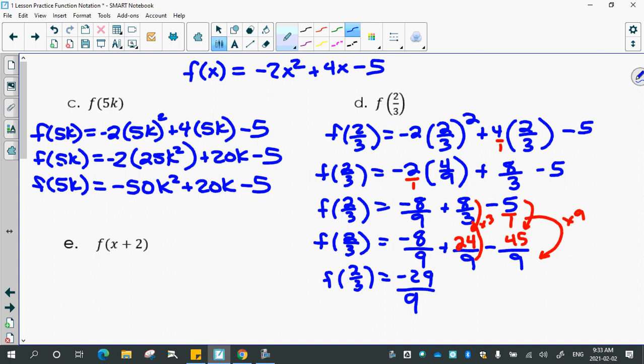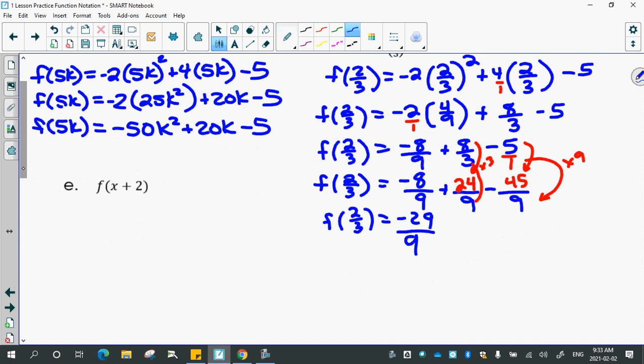And then E, I put a star beside this one because there's a really common error, misunderstanding that people have about this one. So f at x plus 2 is going to be negative 2 times x plus 2 squared plus 4 times x plus 2 minus 5.